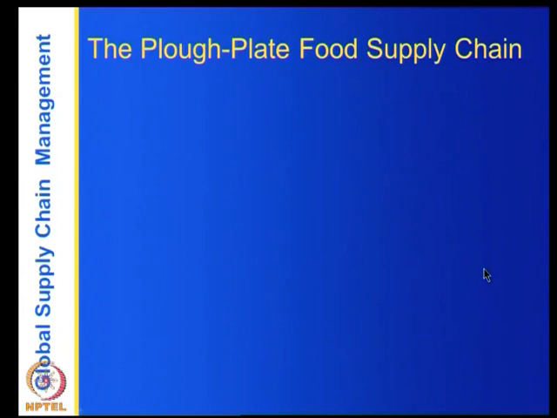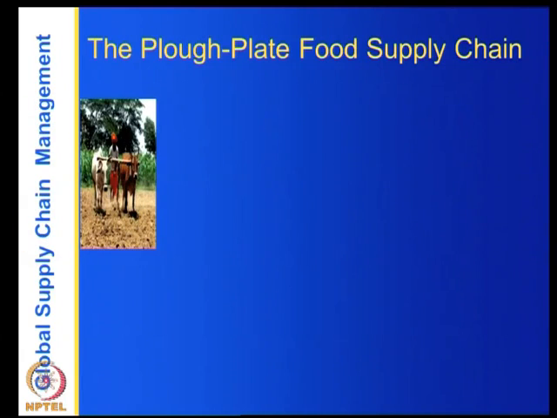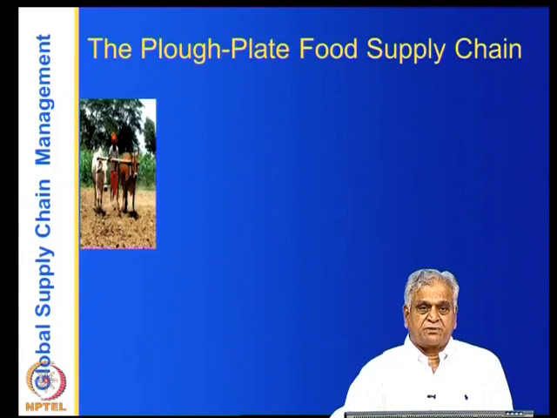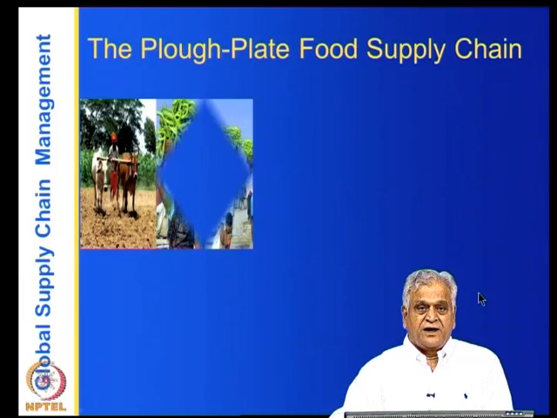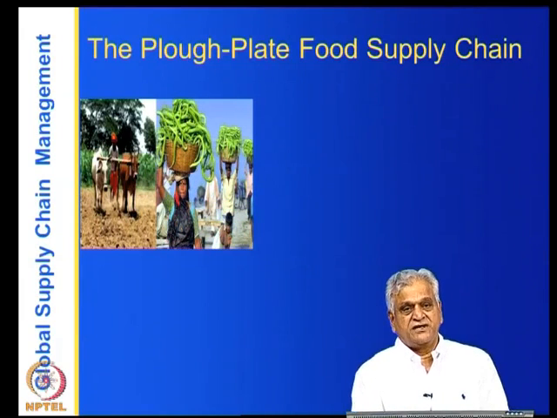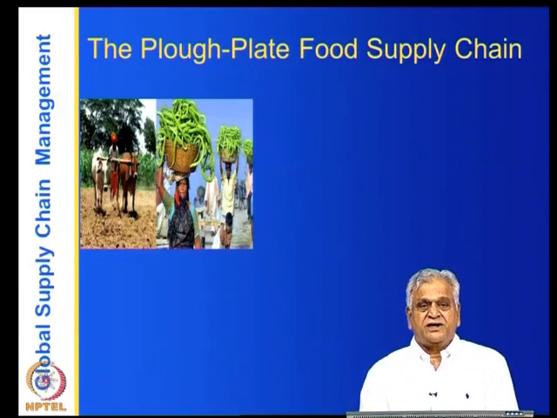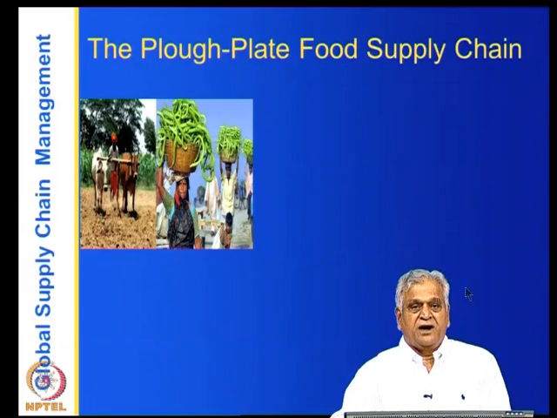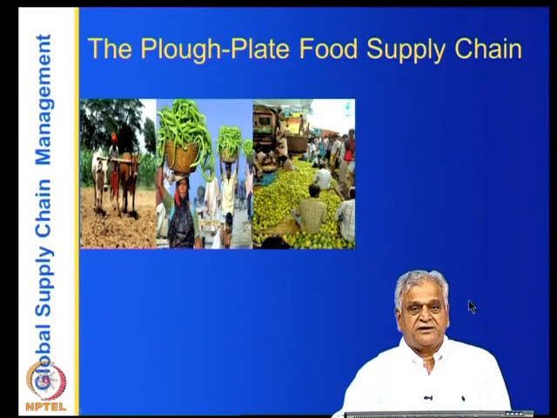If you look at the agriculture supply chains, it starts with the farmer. Farmers are the suppliers of agriculture products, and this is also called the plow to plate food supply chain. Whatever is produced is transported to the mandis or the distribution centers by people carrying it on the head.